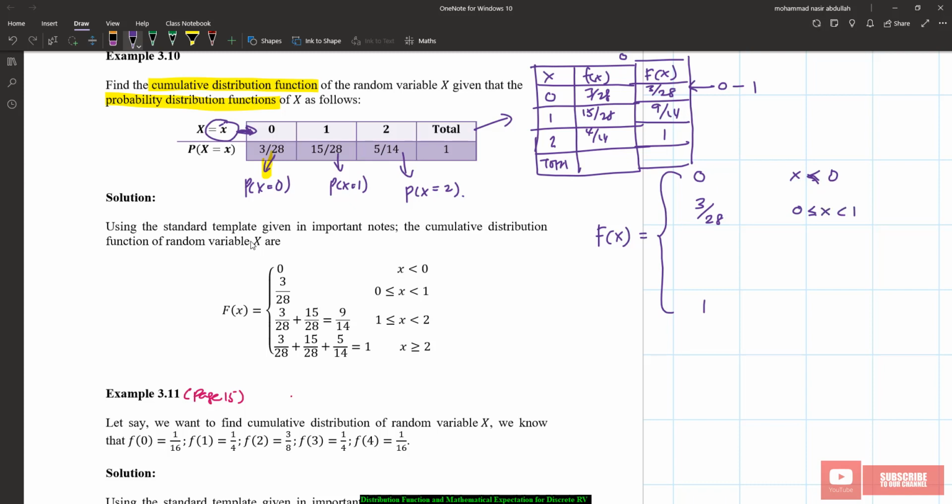And the next row is 9 over 14, so this is 1 less than the next one, which is 2. And the last one is equal to 1, which is x is more than or equal to 2. So this is how we present the cumulative distribution function.